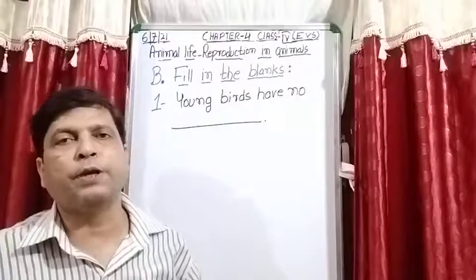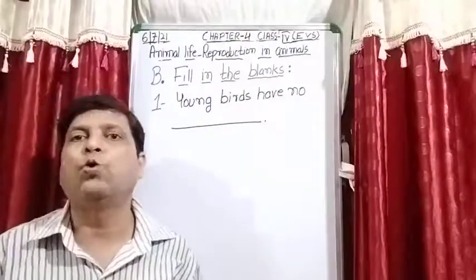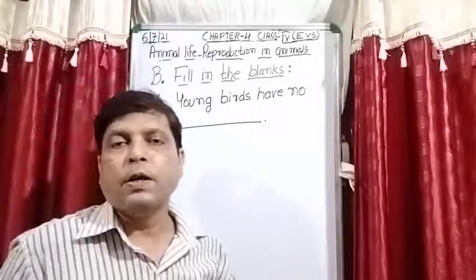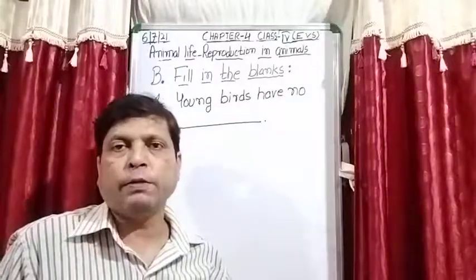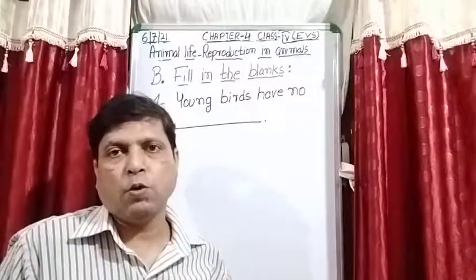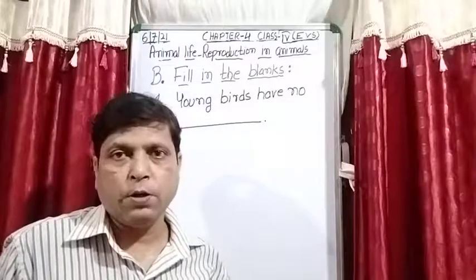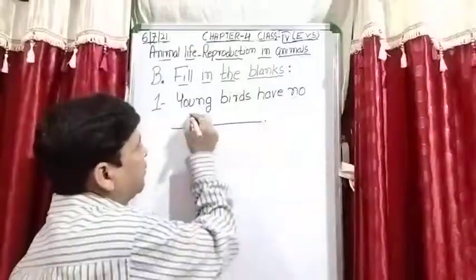So at the time of birth, student, they don't have feathers on their body. That is the reason parents sit with them to keep their body warm, and they feed them also, and even teach them how to fly. So young birds have no feathers.